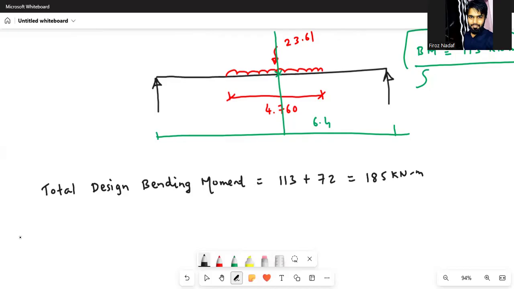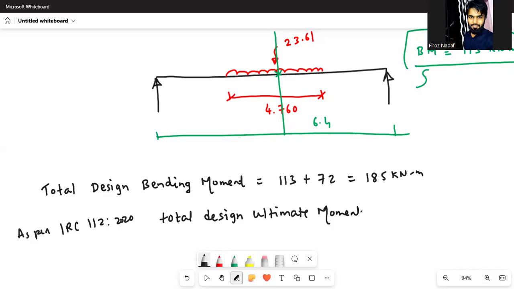So as per IRC 112 2020, total design ultimate moment equal to 1.35 MD, that is dead load bending moment, plus 1.5 ML, where ML is live load bending moment and MD is dead load bending moment.